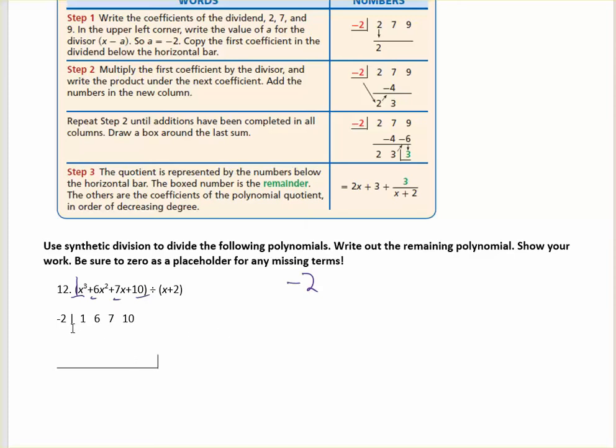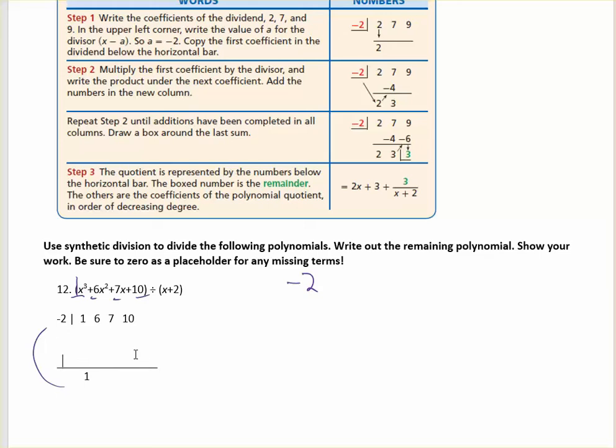Alright, next we're going to start doing our work. So what you do for the first one is you just drop down the 1 and you put it down here under the 1, under your line. Now we multiply back. We take our 1 times negative 2, which is negative 2, and you put that number under the next term, so under the 6.